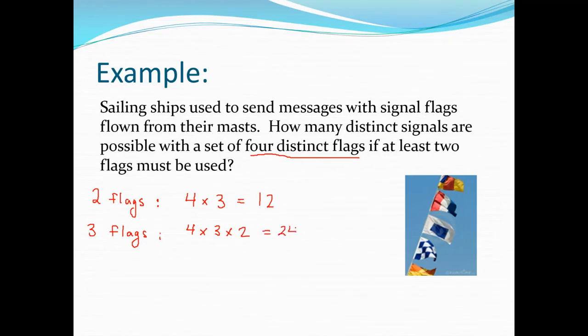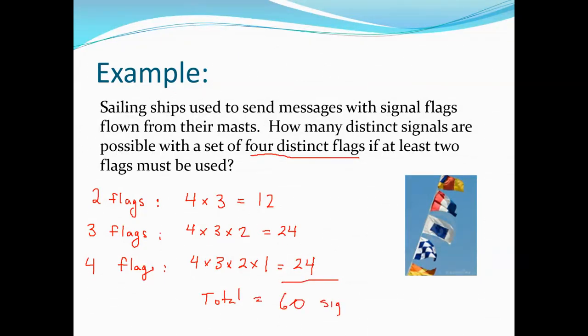Gives you 24. And for 4 flags, you can probably see where this is going. You'd have 4 options for the first, 3 options for the second, 2 options for the third, and only 1 option left for the last one. And that gives you 24 as well. So the total number of different signals you can make, if you add all those up, would be 60.